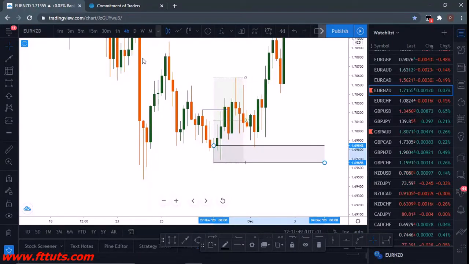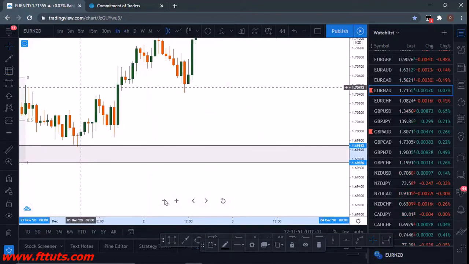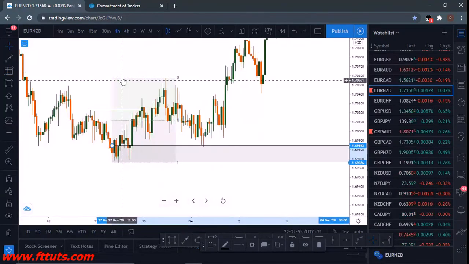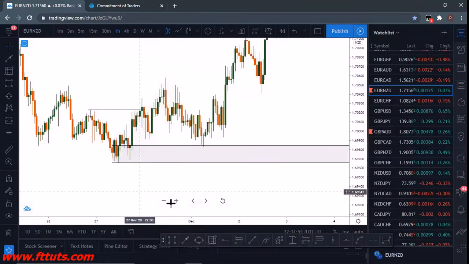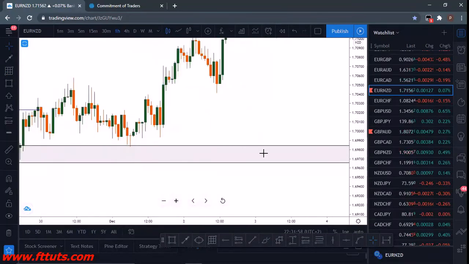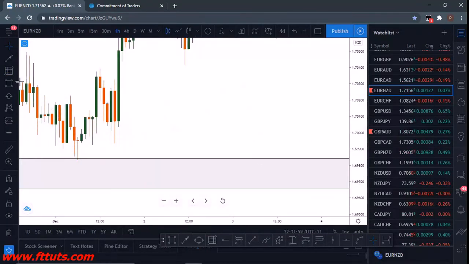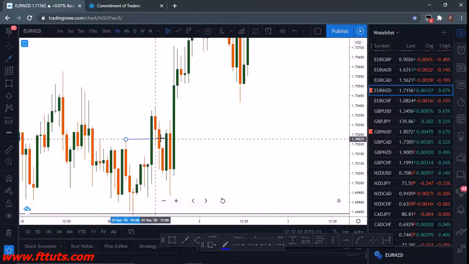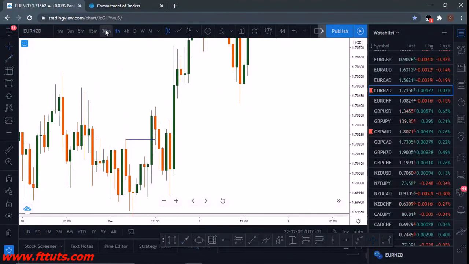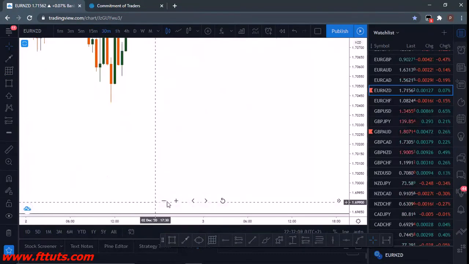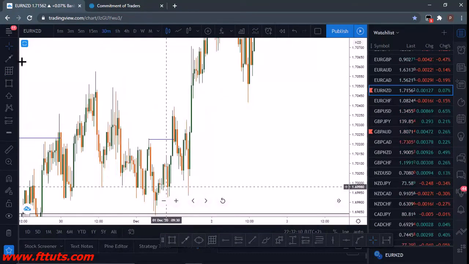So that's a very nice area of demand. Now you will go to the 1 hour. First, you start from the 1 hour, then you look at the break of structure on the 1 hour. Price came back in here. Then you will check the 30 minutes. This is where I actually took this trade from.